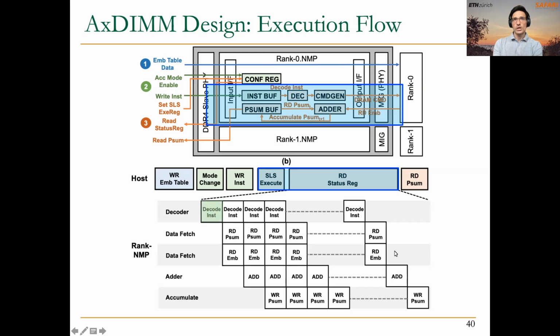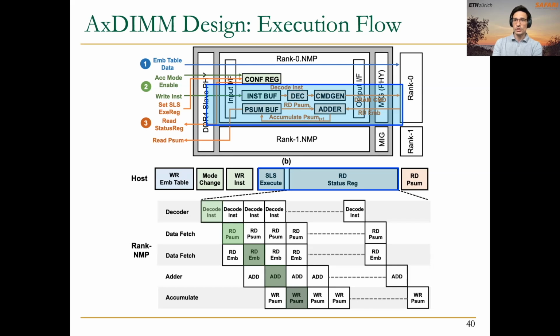The execution of instructions follows a pipeline where first instructions are fetched and decoded by the decoder that the near memory processing unit contains. Then it's necessary to fetch data from the PSAM buffer, the partial results, and also from the embedding tables, then perform the addition on the adder array, and finally write the results to the PSAM buffer.